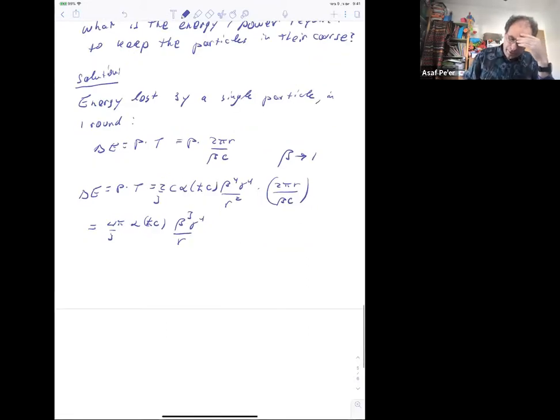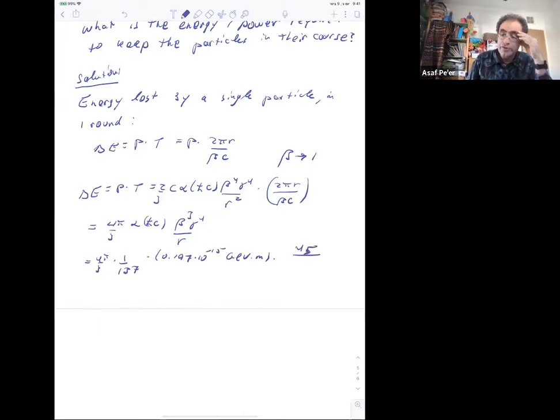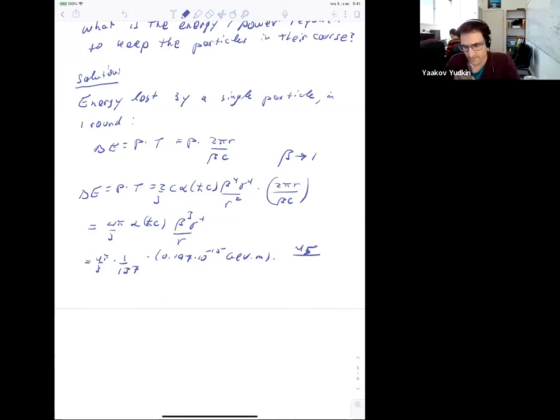So just put in the numbers. It's 4 pi over 3 times 1 over 137 times 0.197 times 10 to the minus 15 GeV meters, times 45 GeV. What's the mass of the electron in GeV? 1/2 MeV.